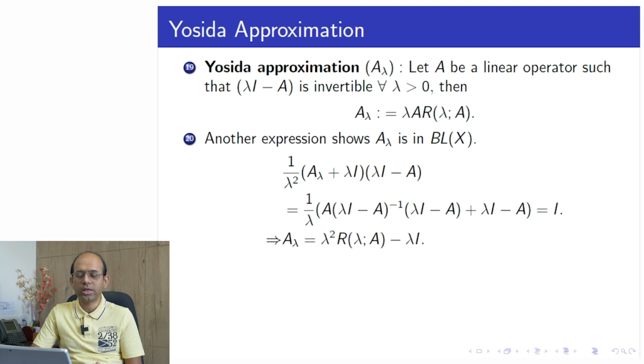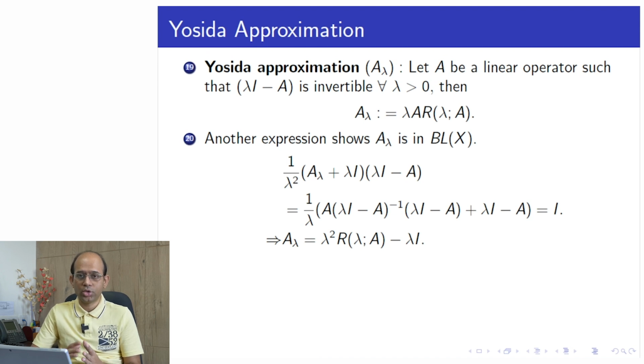So what I get, A lambda, is a bounded linear operator. This clarifies that A lambda is a bounded linear operator. But I have not yet shown why we should consider this at all an approximation of A.